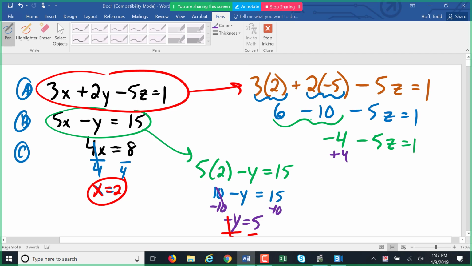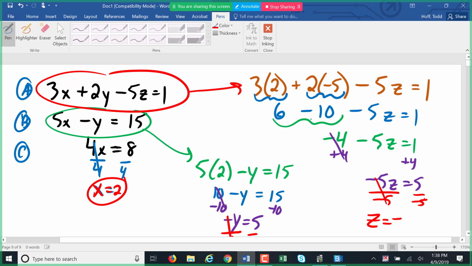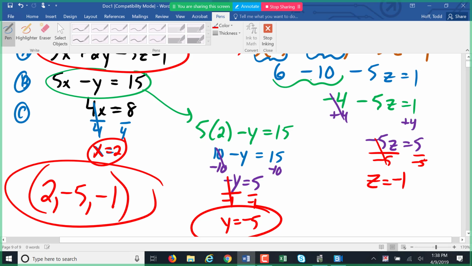Get rid of the negative 4 by adding 4. Negative 5z equals 5, and then divide by negative 5. Z equals negative 1. So we got there, x is 2, y is negative 5, z is negative 1. There's our ordered triple.